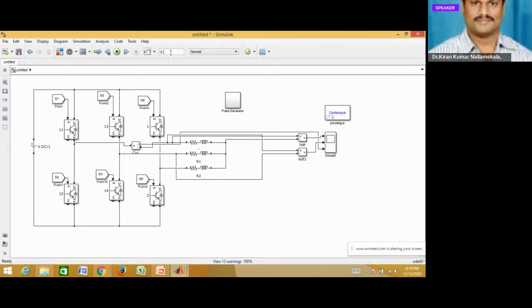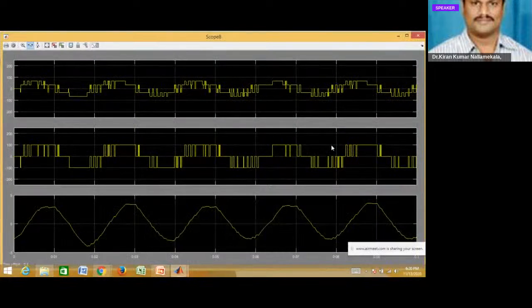Otherwise we will take 0.5 seconds. We'll simulate. Remember here, the first one is phase voltage, the second one is line voltage, the third one is phase current. These are the three waveforms we are going to see here.